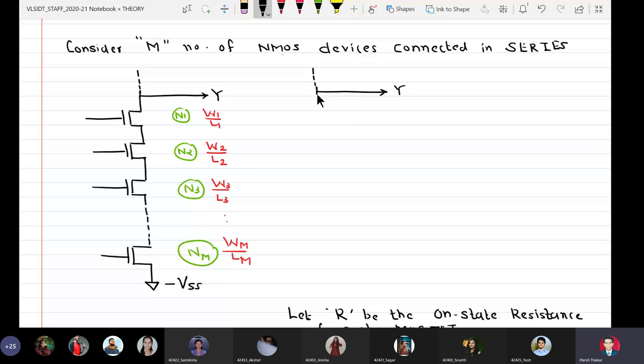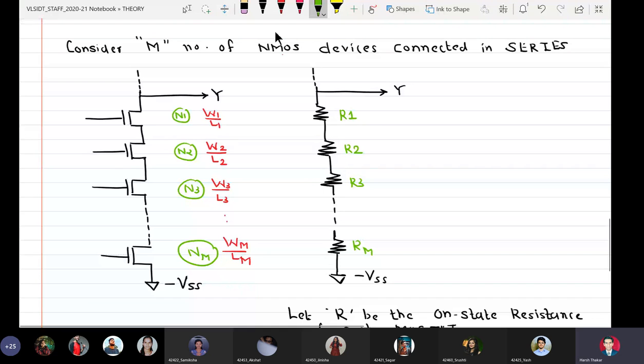I replace N1 with R1, N2 with R2, N3 with R3. Similarly, I replace the last MOSFET with RM. So N1 is replaced with R1, R2, R3 and RM.